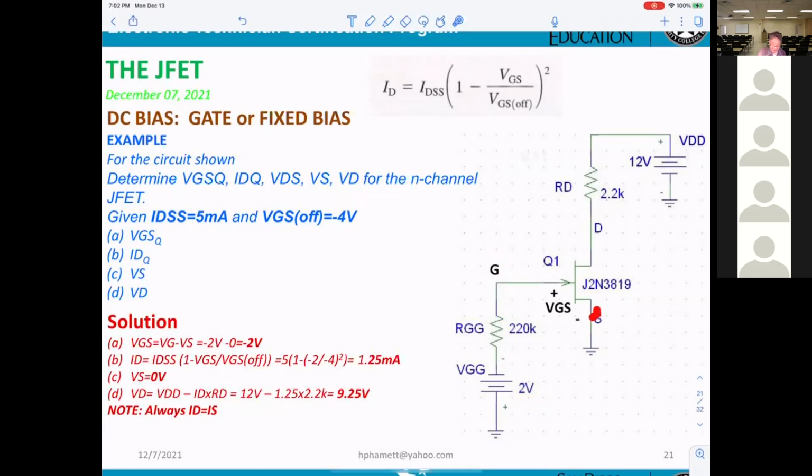And VS is grounded, so 0. So minus 2 minus 0, you get minus 2 volt. Make sure I go through it. If you not follow it, let me know. Okay, make it clear. That is the first one, to calculate the VGS.